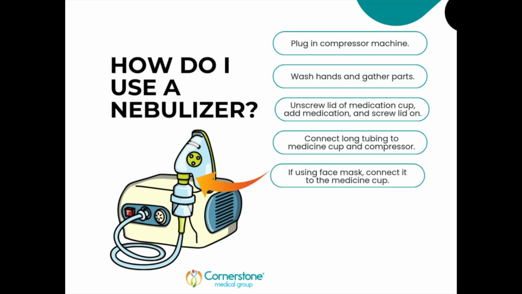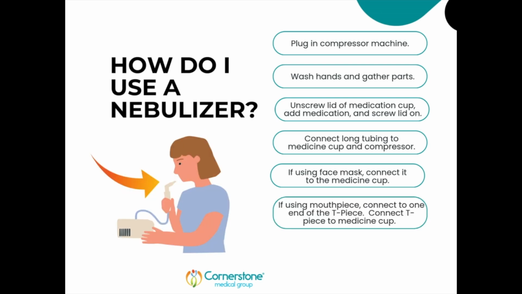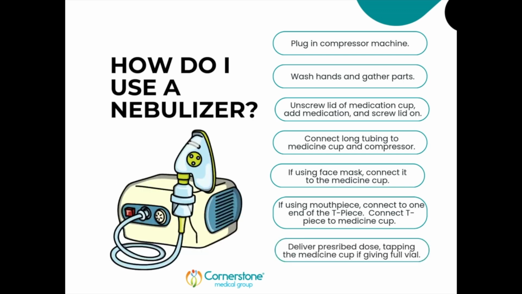If you're using the face mask, connect it to the medicine cup. If you're using the mouthpiece, connect it to one end of the T-piece. Connect the T-piece then to the medicine cup. Deliver the prescribed dose, tapping the medicine cup if you are giving the full vial of medicine.